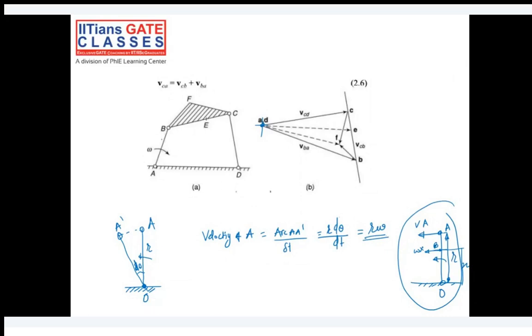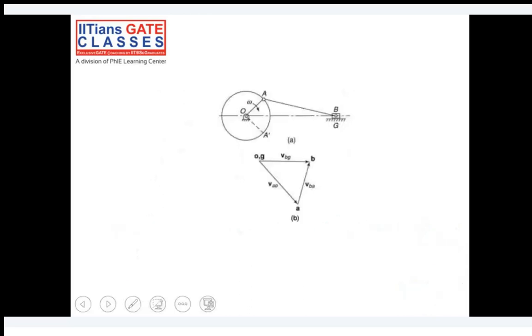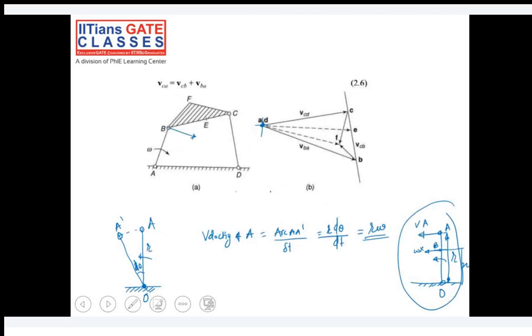Similarly, point D is fixed. You should know why I am drawing this in this direction and not in that direction.